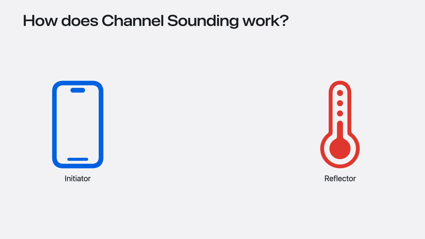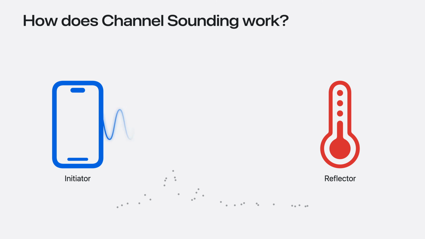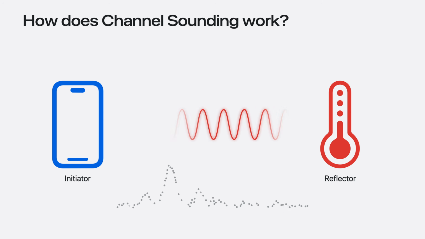The iPhone measures how the signal changes in transit from one side to the other and back. By repeating this process across the channels of the 2.4 GHz band, the iPhone observes the rate of change in these reflected tones from one channel to the next, and uses that to estimate the distance between the initiator and reflector. This process of measuring distance is called a procedure.